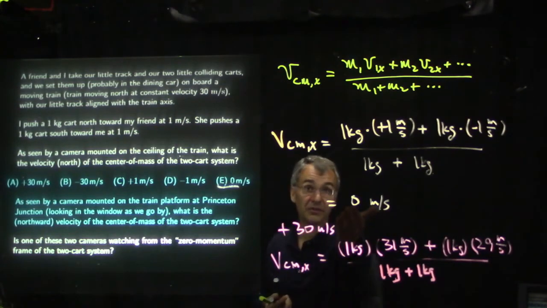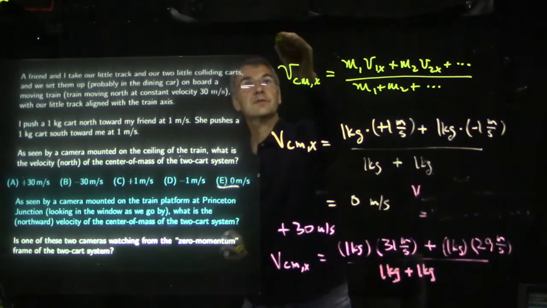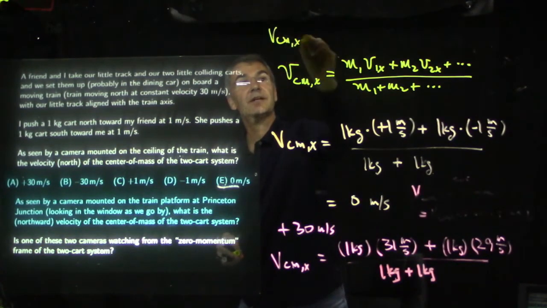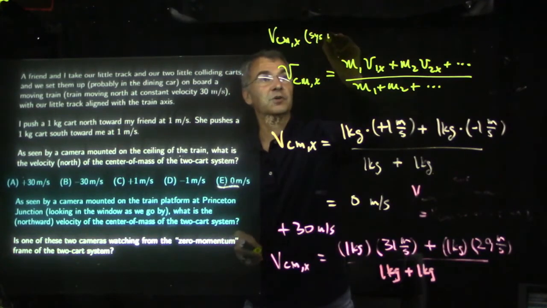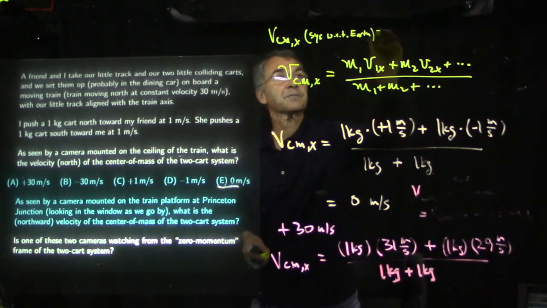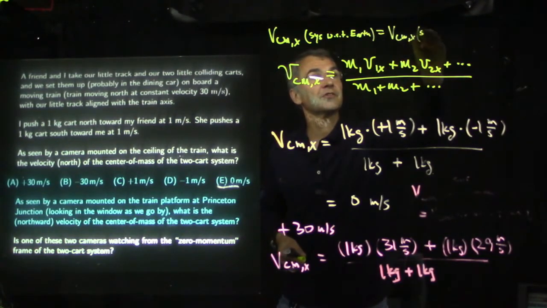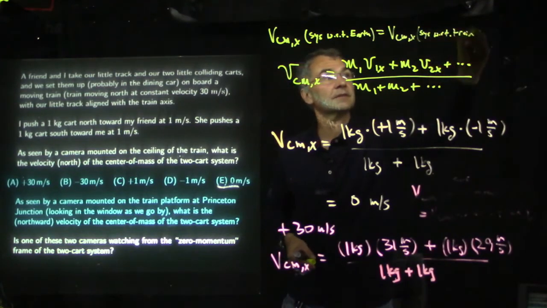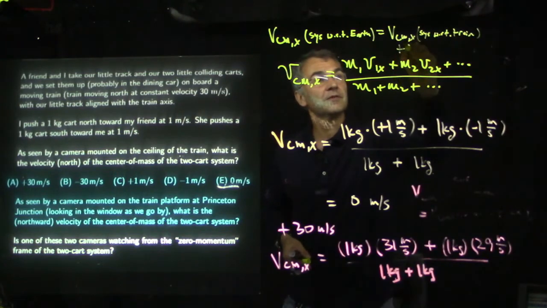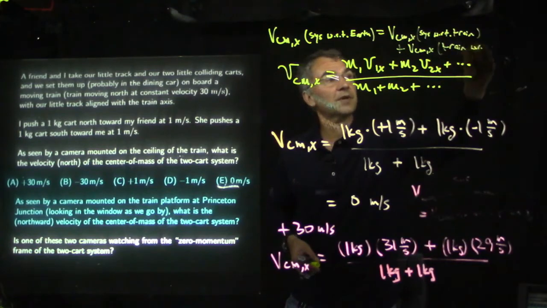You could also say, well, I take the center of mass velocity as seen in the train. See, it turns out V_CMx of the system, that's the system of two carts, with respect to Earth, Earth is like the person standing at Princeton Junction, equals V_CMx of the system with respect to the train plus V_CMx of the train with respect to Earth.